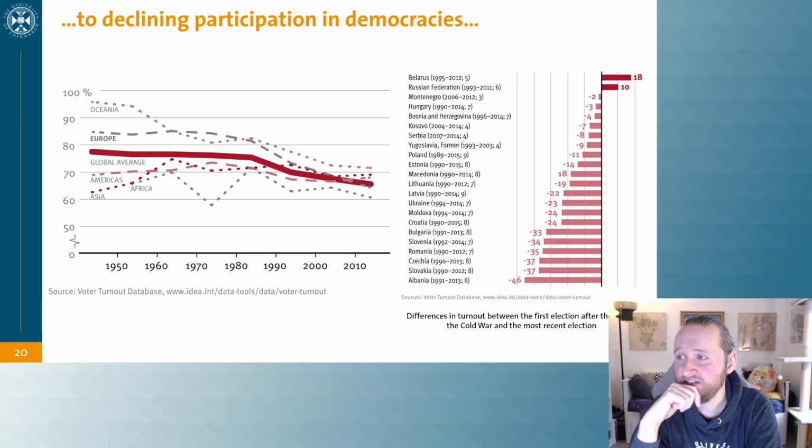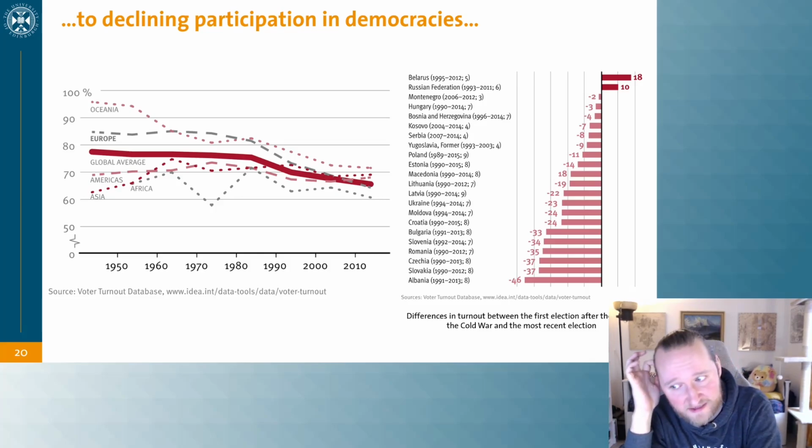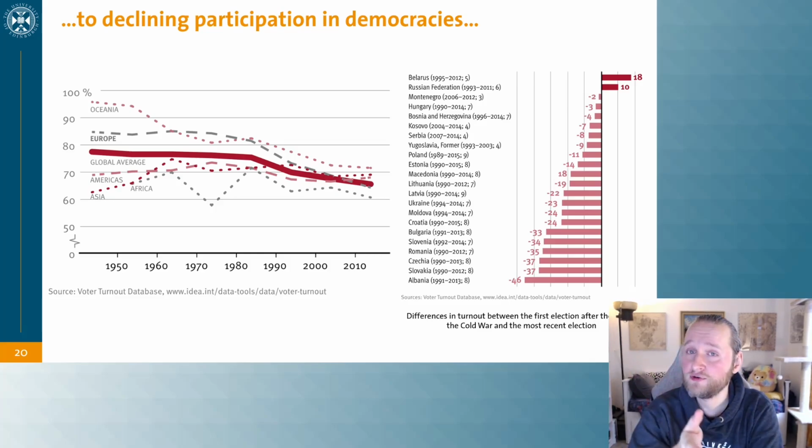And you can also see this if you chart on the right-hand side here the difference in the voter turnout between the first election after introducing democracy in this variety of Eastern European countries and the current election. And you see that in almost all countries this chart covers, the most recent elections have seen vastly fewer people turn out to actually participate in the democracy than the first elections.